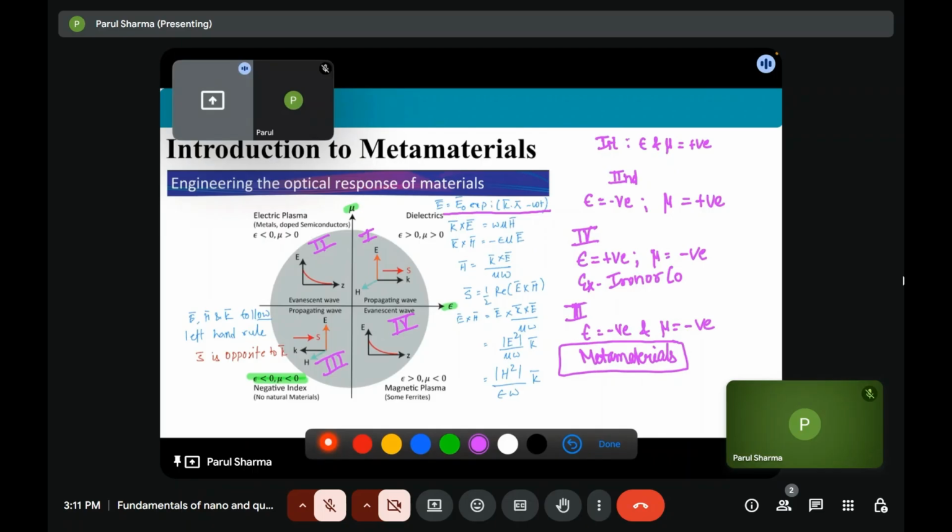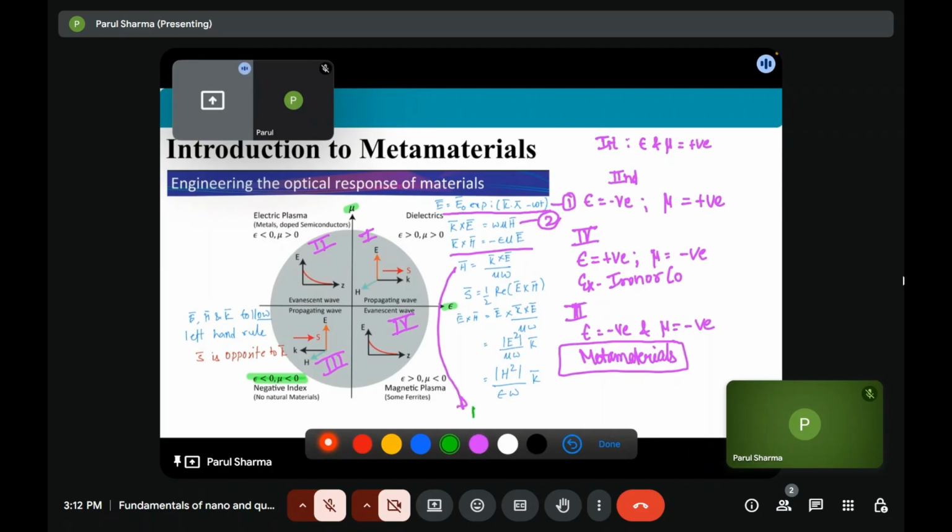If we take the curl, we can write k cross E, so this is the first step. Then k cross E is equal to omega mu H. Similarly, if we take the curl of the magnetic field, we get k cross H is equal to minus omega epsilon E.